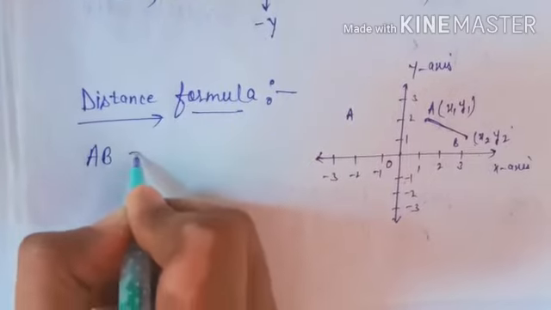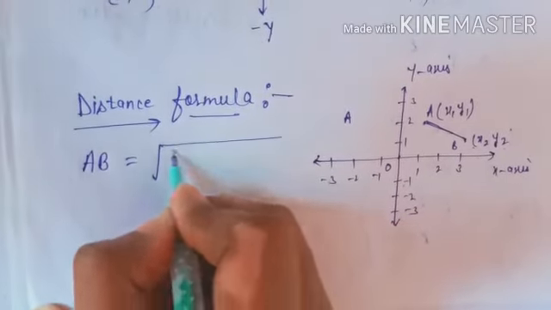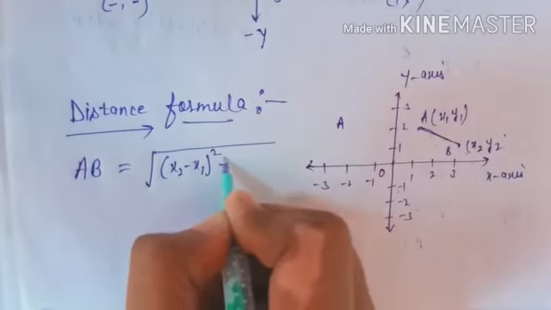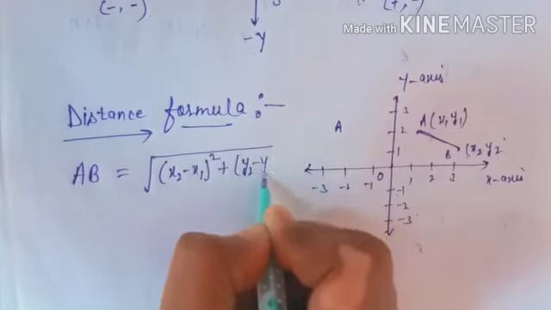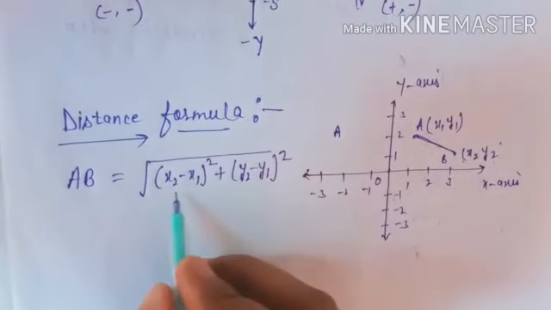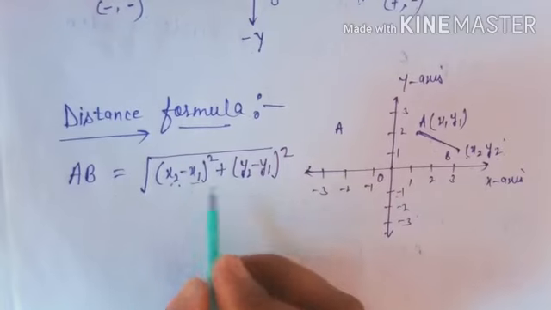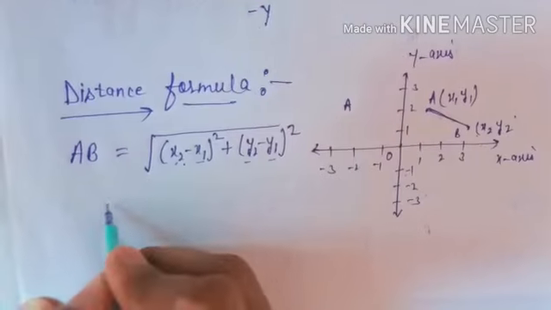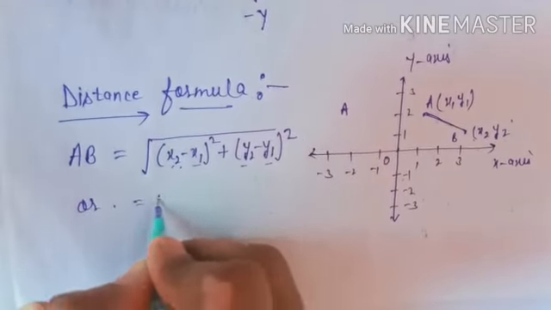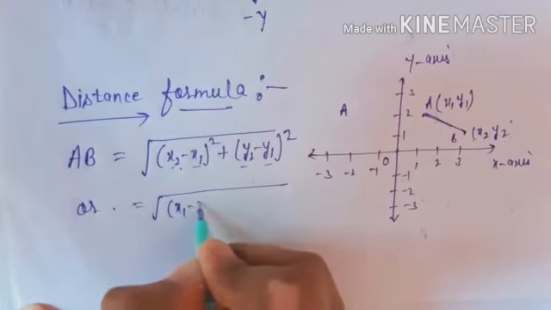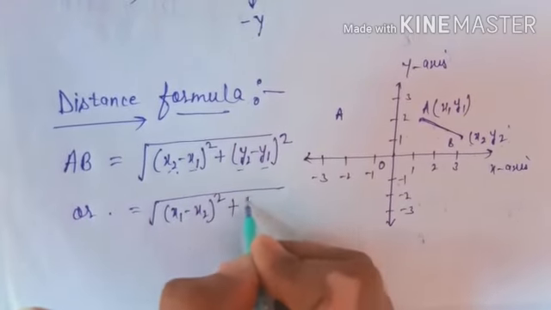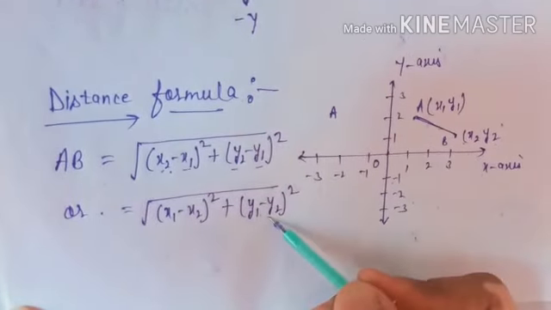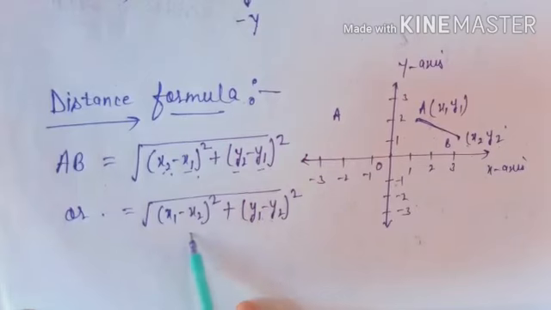The distance between A and B is the square root of (x2 minus x1) whole square plus (y2 minus y1) whole square. Means first you take the x coordinates and in the second bracket you take the y coordinates. This formula can also be written as the square root of (x1 minus x2) whole square plus (y1 minus y2) whole square. Both formulas are correct.